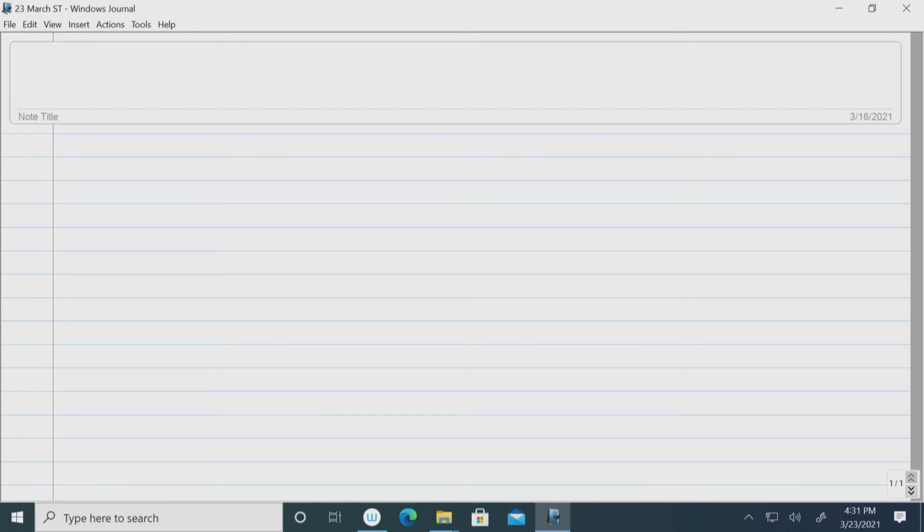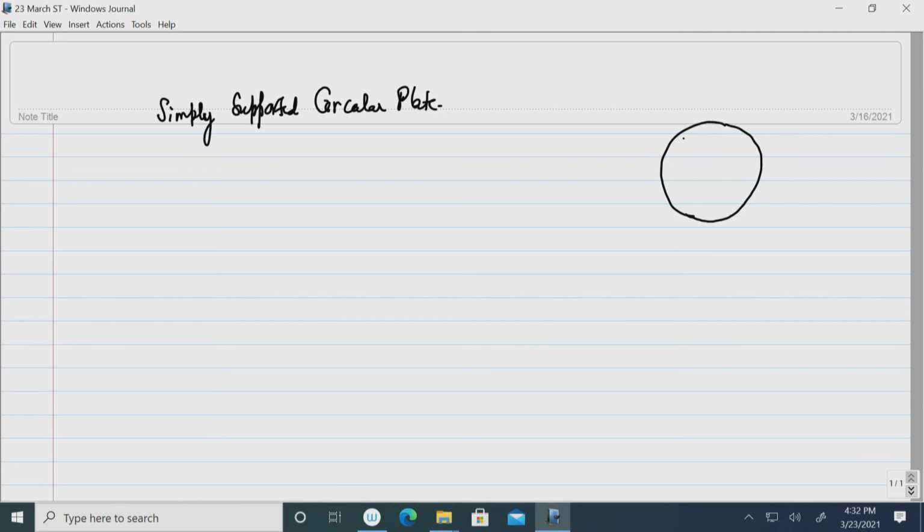So, we have this problem of a simply supported circular plate, simply supported at the edges and carrying a concentrated load at the center.